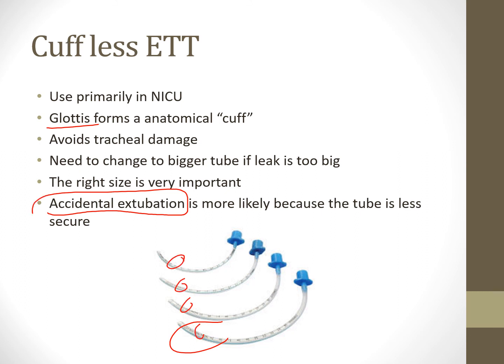There's no cuff to keep it below the vocal cords as an extra safety feature. So if there's too much torsion on the ventilator circuits, too much torsion on these 15mm adapters, if something pulls on the circuit or the tube, that tube could easily be extubated, easily. So just be very cautious with this situation.